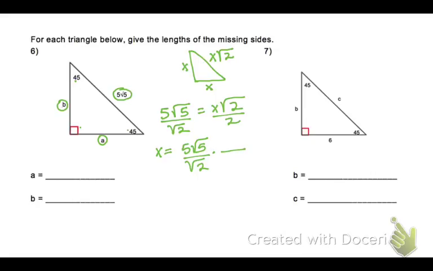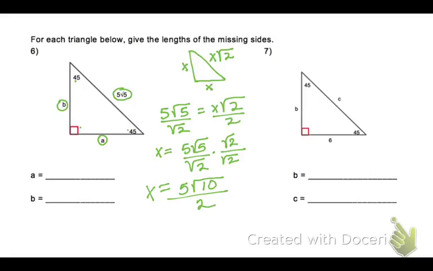And again, we need to get rid of that nasty radical in the denominator. We're going to end up with 5 times the square root of 5 times 2. We can combine those; it's going to be the square root of 10. The square root of 2 times the square root of 2 is 2. And so x is going to be equal to 5 times the square root of 10 over 2.